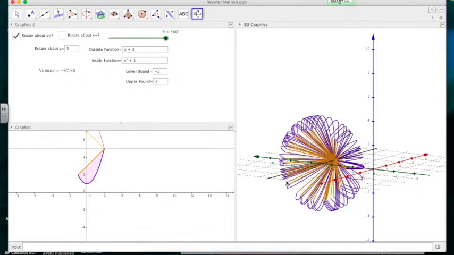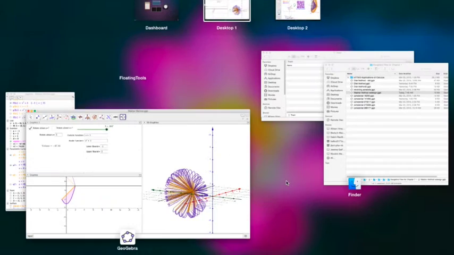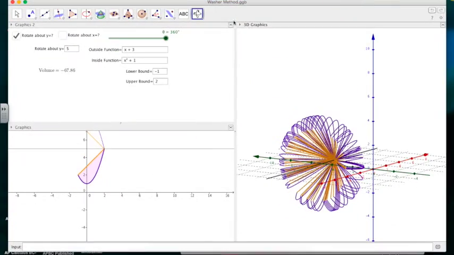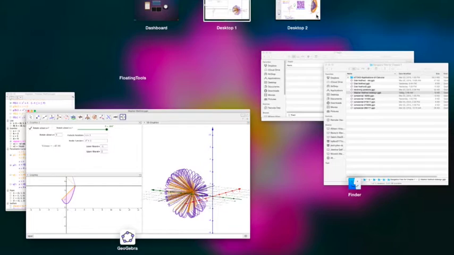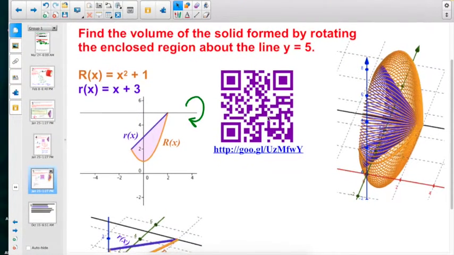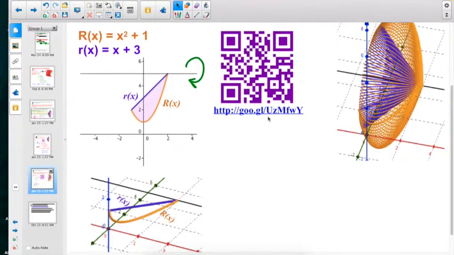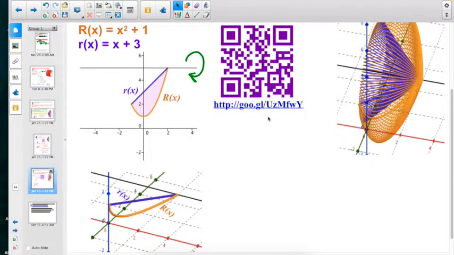Okay. So this gets a little tricky because we have to find our big R and our little r. And everything is relative to the axis of rotation. So our big R goes from the axis of rotation to here. Our big R is now going to what function?